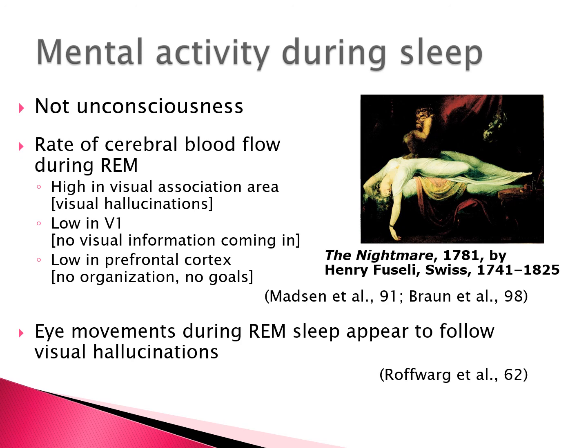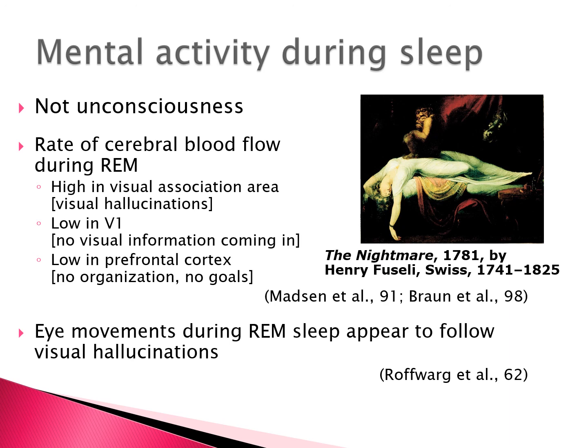So when we go back to that idea of consciousness, this is clearly not unconsciousness, right? I mean, dreaming is something that's really different. I just talked about where we see activity, but the rate of cerebral blood flow, of course, goes to where we have activity, right? We see this with why we're measuring what we're measuring with fMRIs. So it's high in those visual association areas, as I mentioned, so we're having these kinds of visual hallucinations.